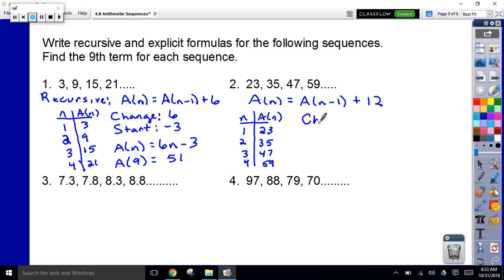Liz, what's our change? And what's our start? 11. So what would our formula be? Good. Jocelyn, can you find a of 9 for us?